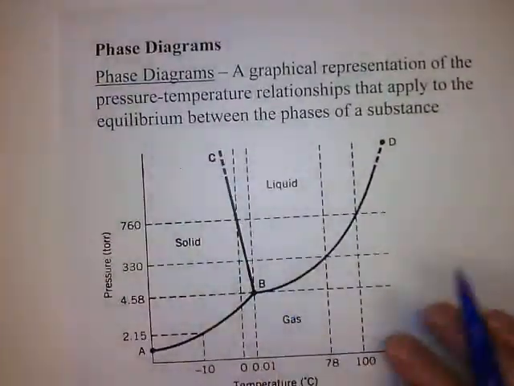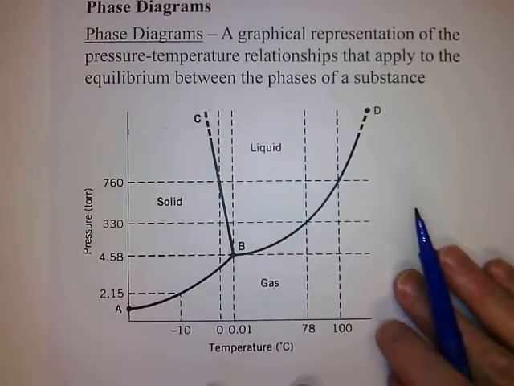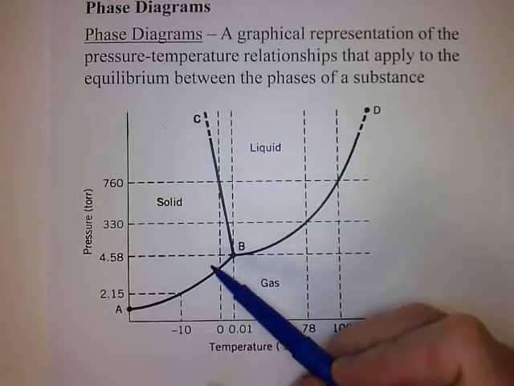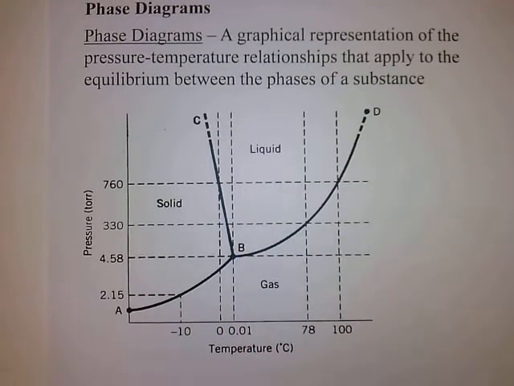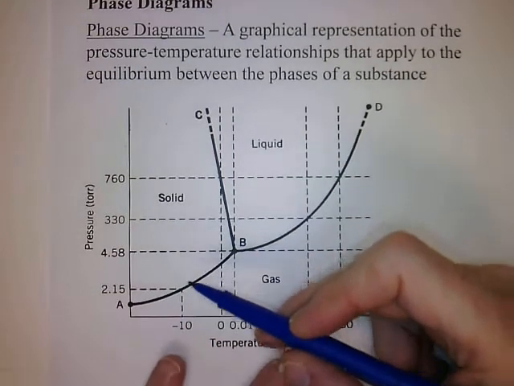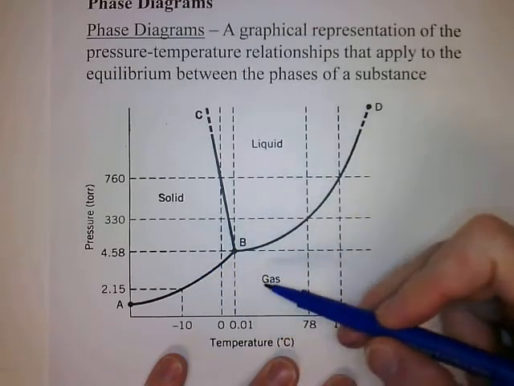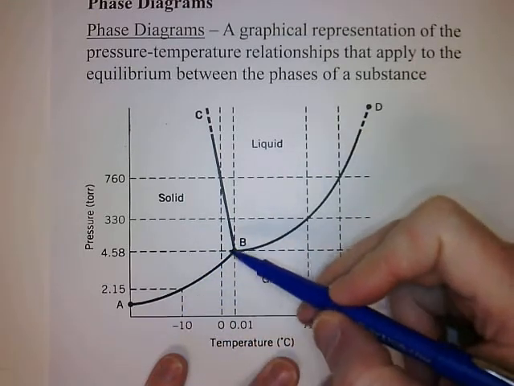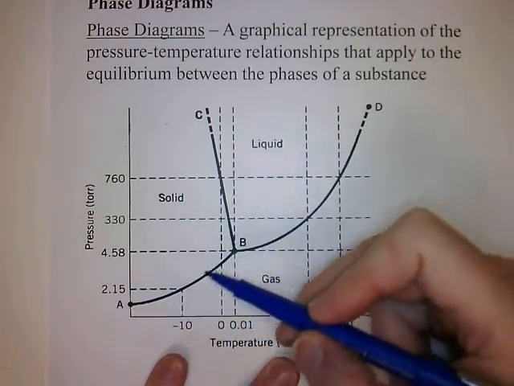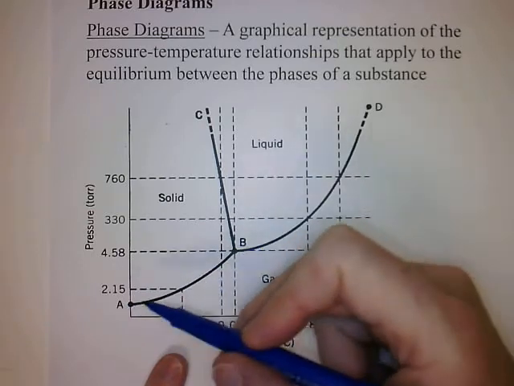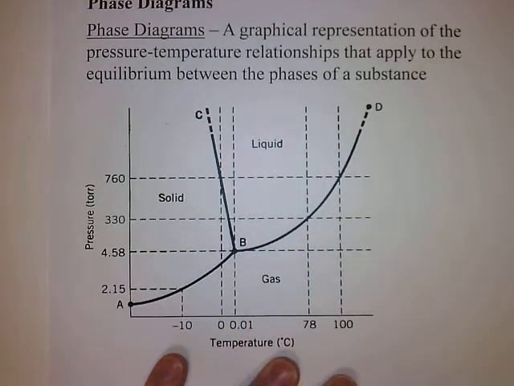That's the vapor pressure of the solid, because you have solid on one side and gas on the other. So this basically tells you the conditions of temperature and pressure under which ice could sublime.